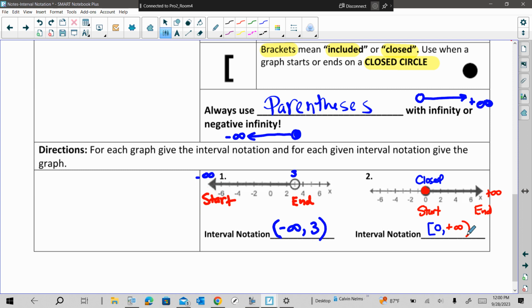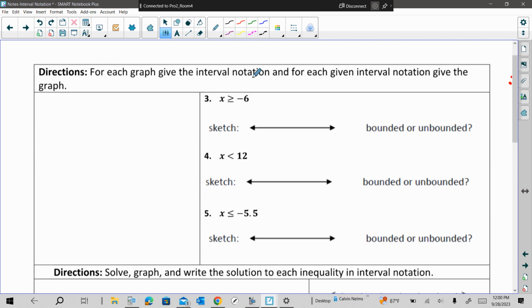Okay, so on our next page here, all I wanted us to do is review graphing and then coming up with the interval. If I'm graphing the first one here, we have x is less than or equal to -6. I just need to put a tick mark for my -6.